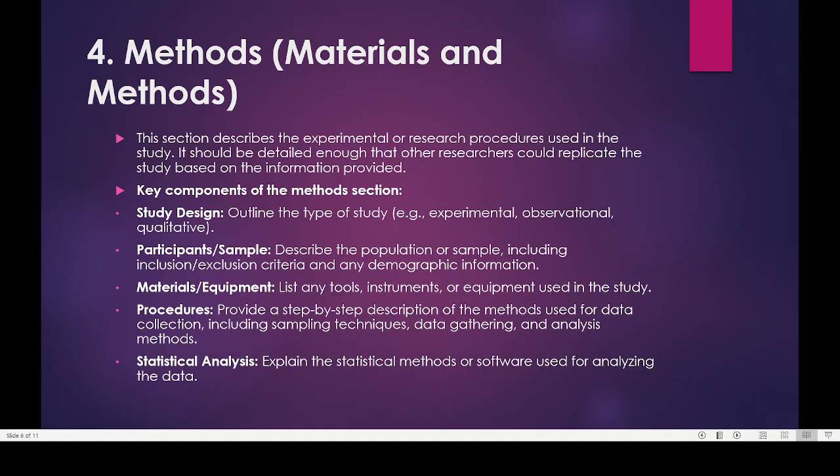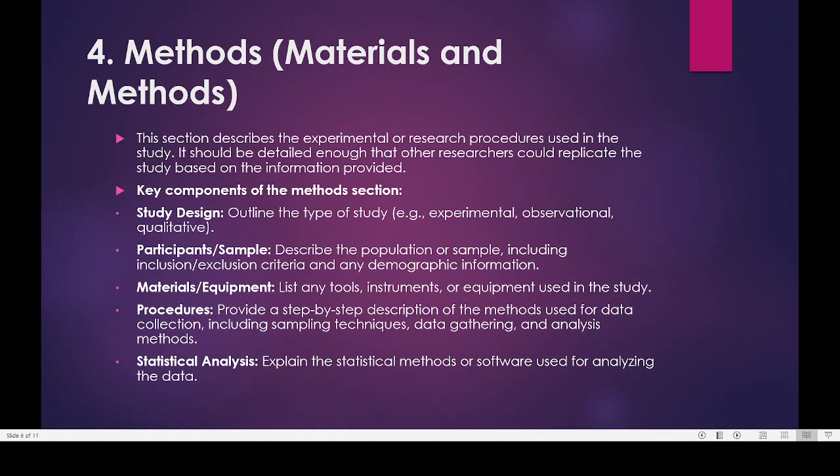Then what are the key components of the methods? One is study design. Outline the type of study, whether it is an experimental study or an observational study. For example, in a field biodiversity study, mostly it will be an observational study or a qualitative study. In the case of hematological studies, some of the studies may be qualitative.